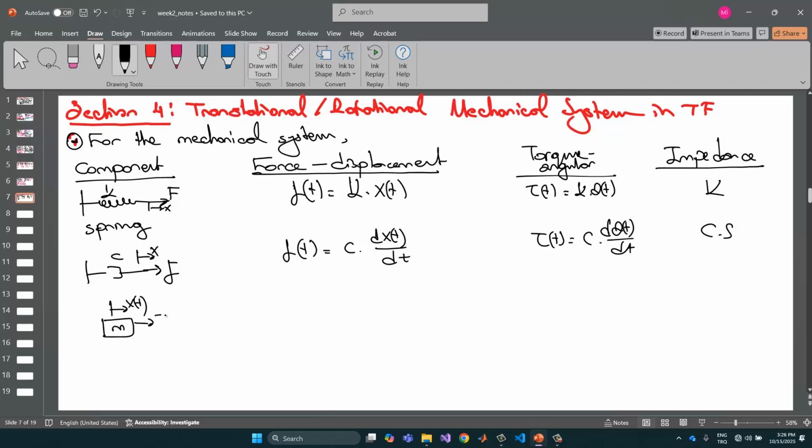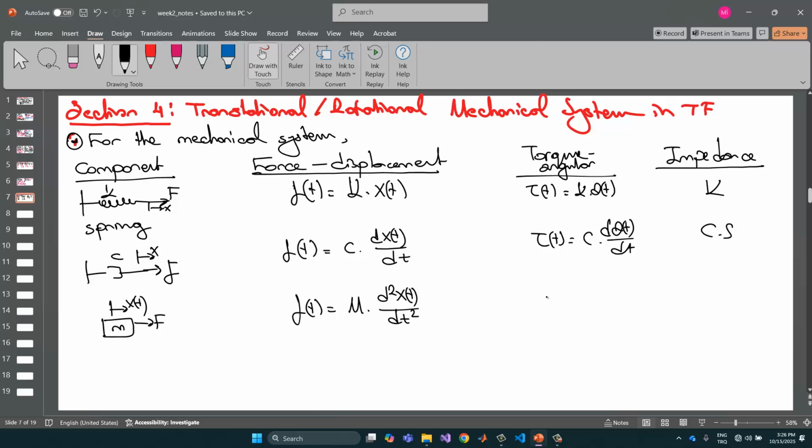F(t) equals m times d square x(t)/dt square, right? This is F equals ma, acceleration.